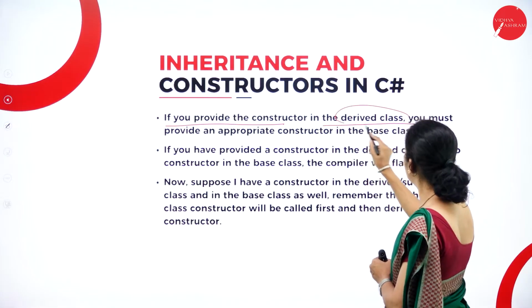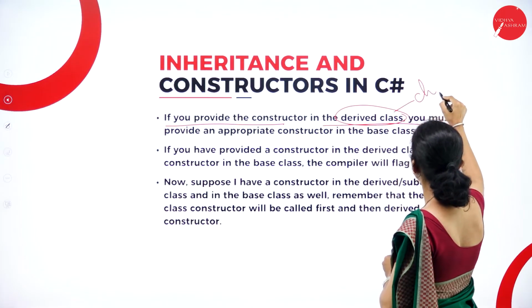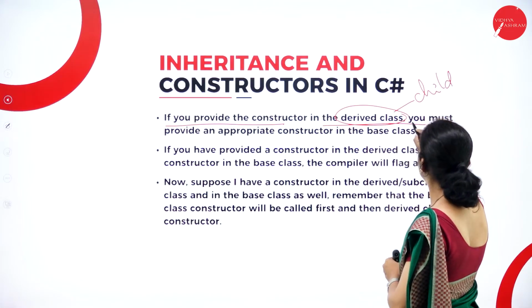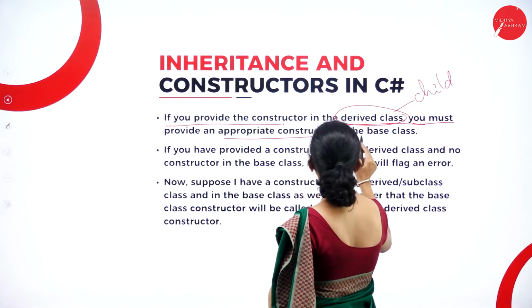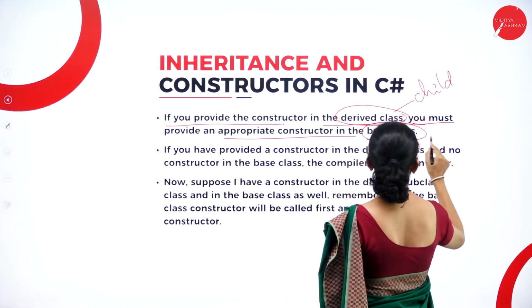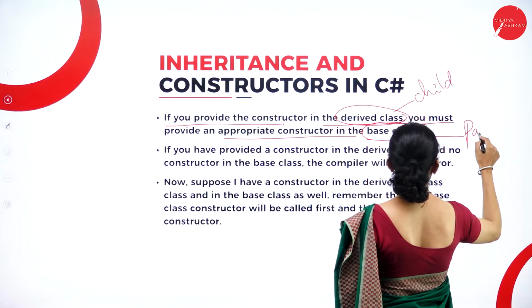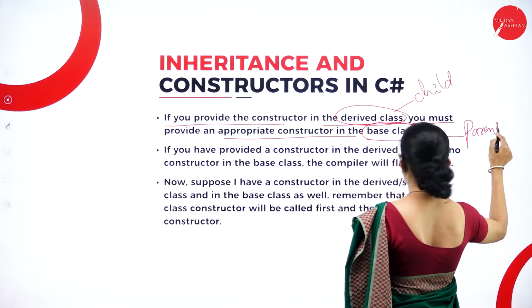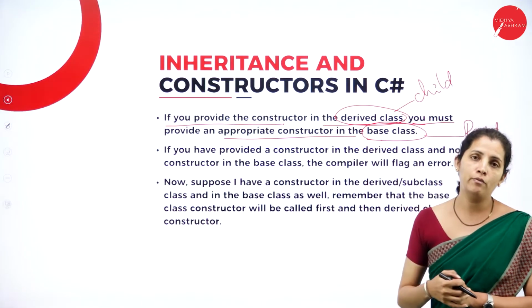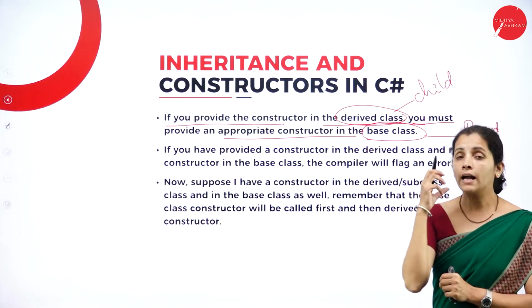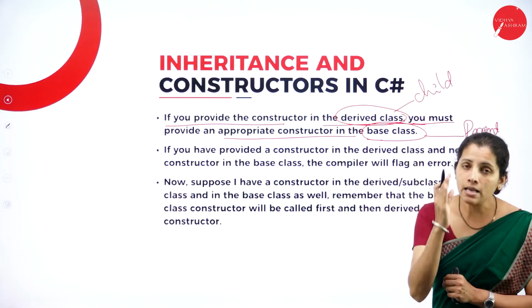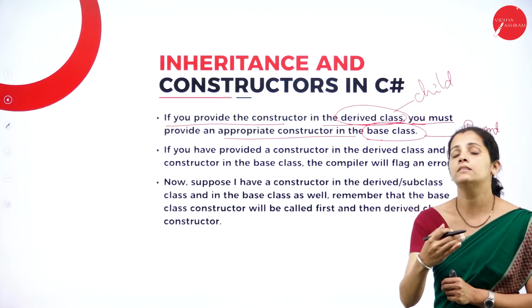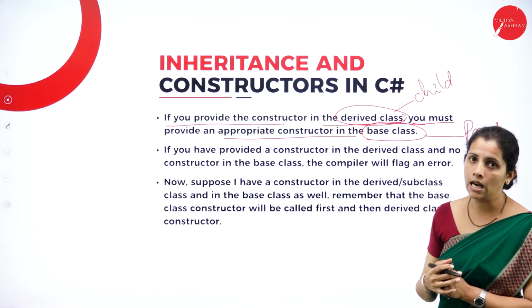That is nothing but the child class. You must provide an appropriate constructor in the base class. Base is parent. That means, suppose if I want to define constructor in my child class, then I must define constructor in my parent class.